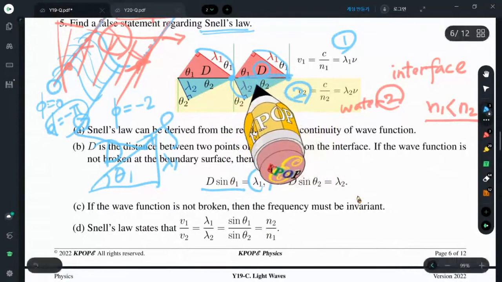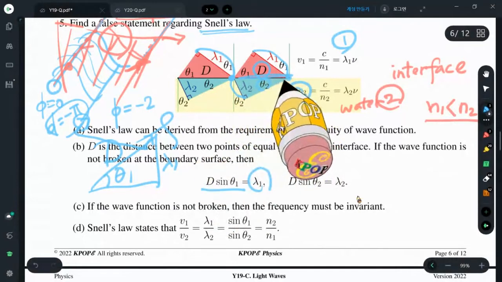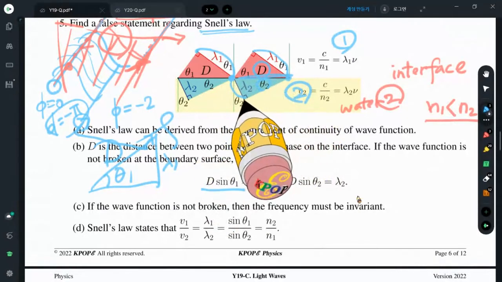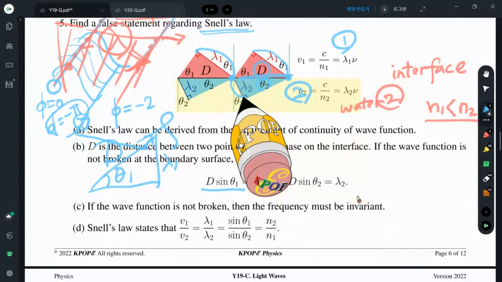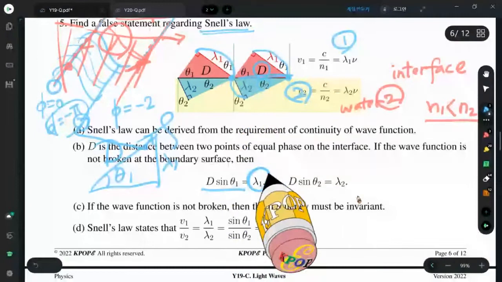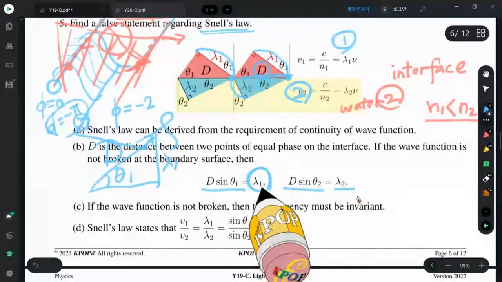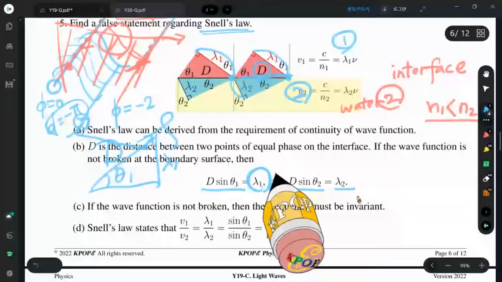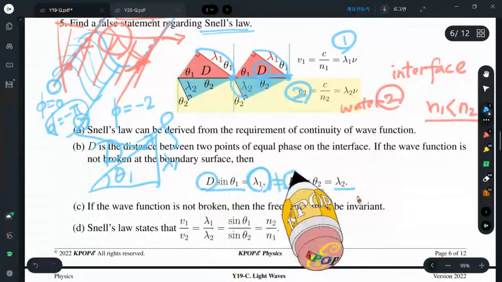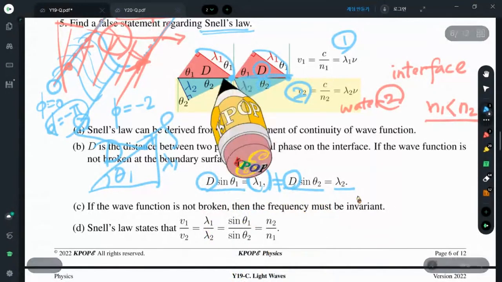The angle here, theta 2, D sine theta 2 is lambda 2. However, they are different. Only D is an invariant quantity.